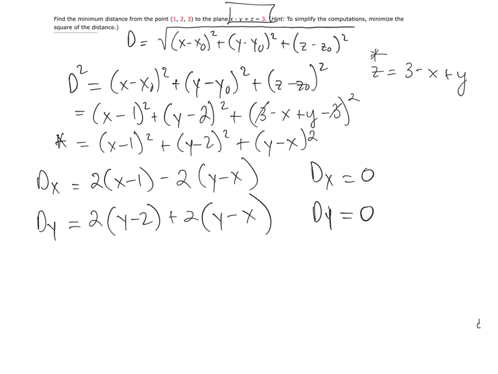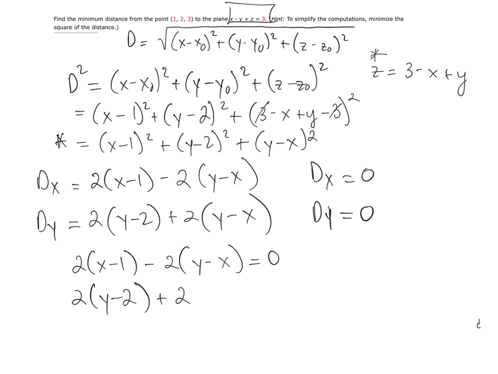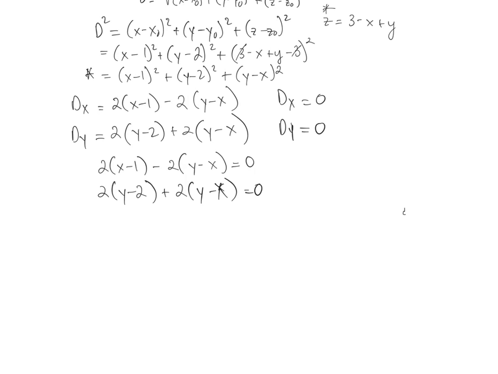So if you set 2(x - 1) - 2(y - x) equal to 0, and 2(y - 2) + 2(y - x) equal to 0, you can now distribute and simplify it.